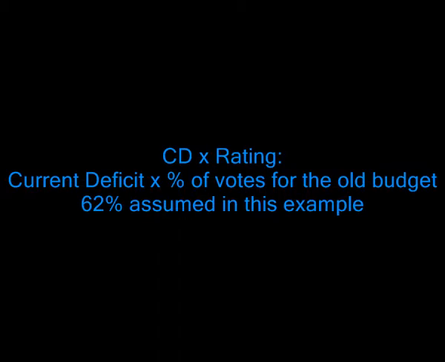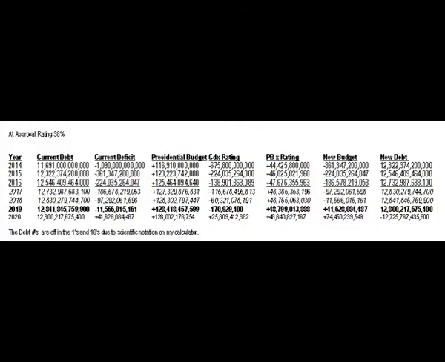The CD times rating column refers to the current deficit times the percentage of votes the old budget received, based on the assumption that only 38%, Obama's lowest Gallup approval rating, would vote for the new budget, or 62% approval for the old budget.